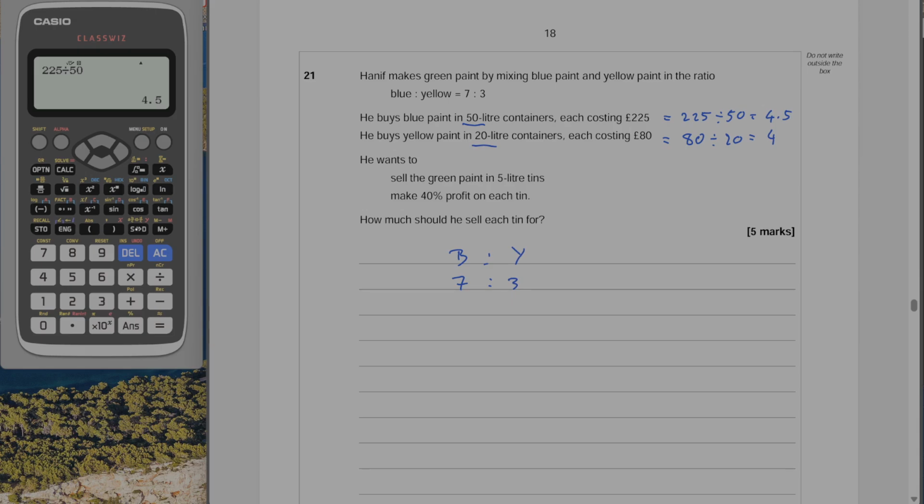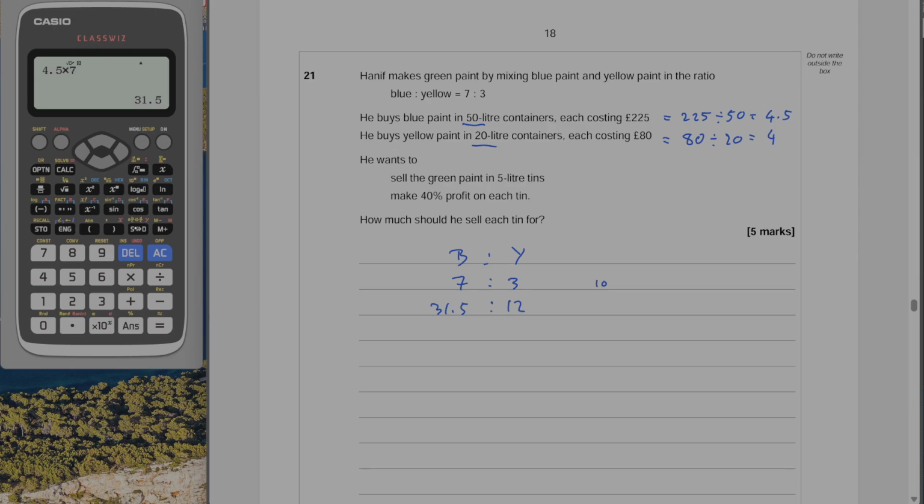So let's just assume that we're going to make 10 litres. Obviously we can't make exactly 10 litres, but whatever the lowest common multiple that we can make is irrelevant. We can still look at the price for 10 litres. So 4.5 times 7 is going to give us 31.5, and then the price of the yellow paint would be 12.